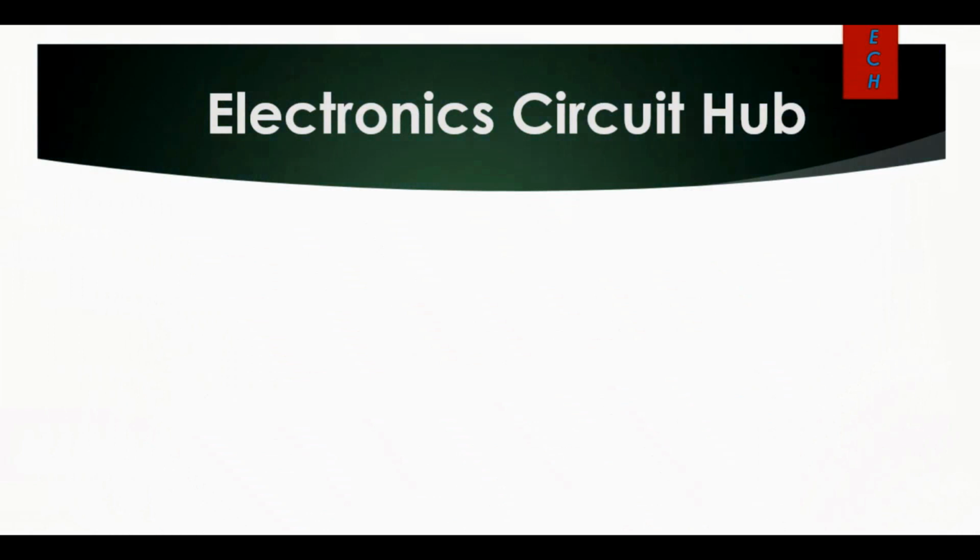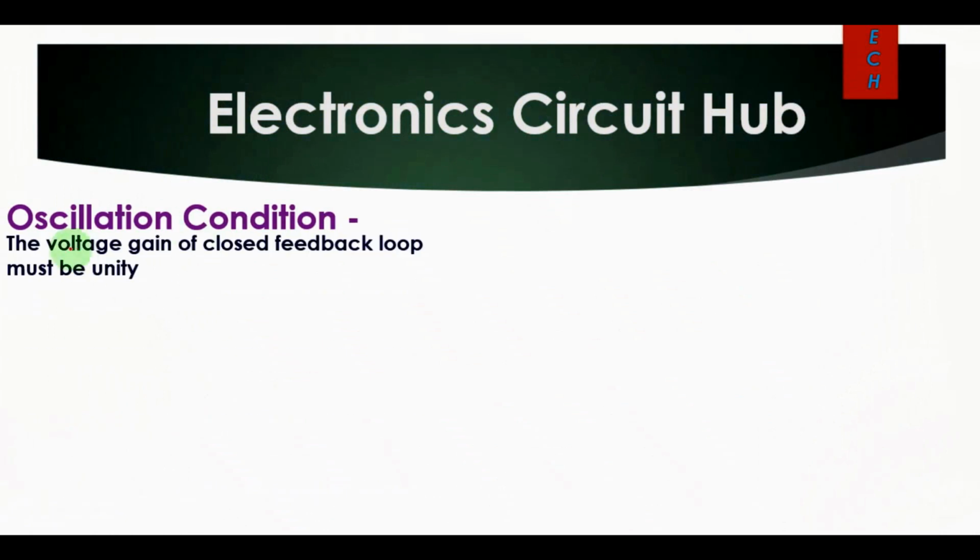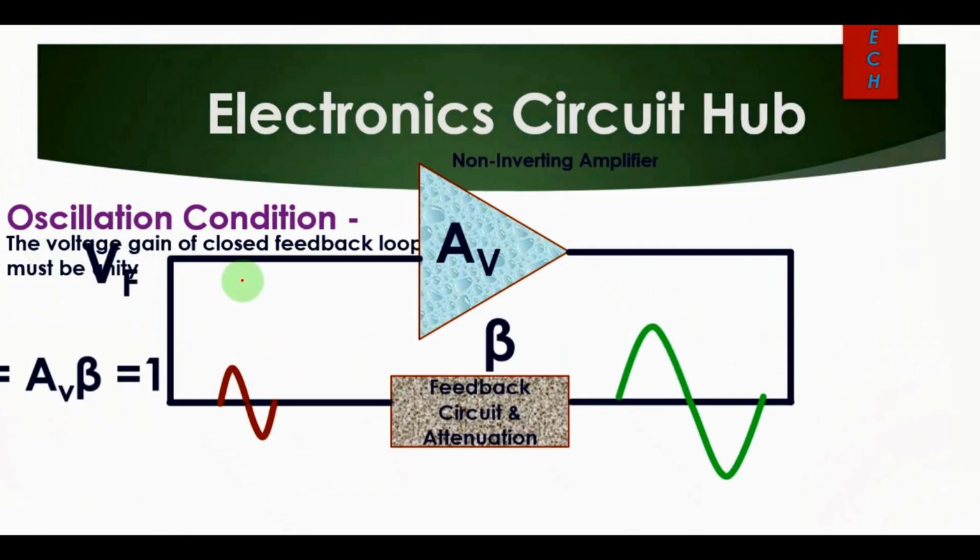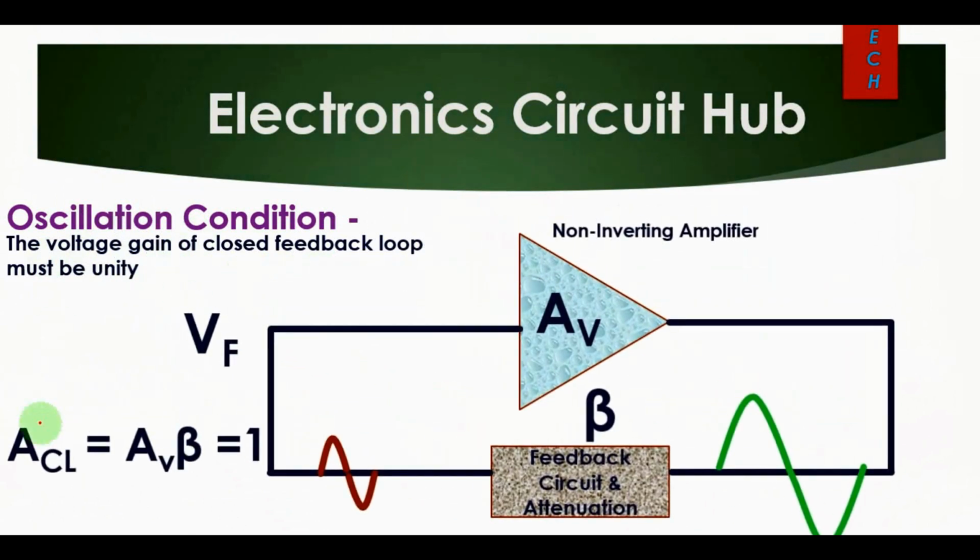The second principle of the Barkhausen criteria is that the voltage gain of the closed feedback loop must be unity. Right. So you can see ACL, the closed loop gain, equals AV into beta equals 1. That means the voltage gain of the closed feedback loop must be unity. Let's say you have the attenuation factor here as 0.01, right? Now you want to calculate the gain here. So how will you calculate the gain?